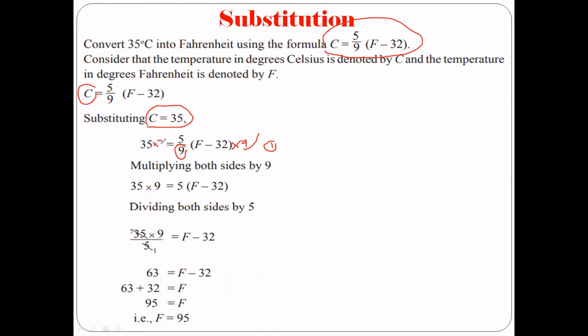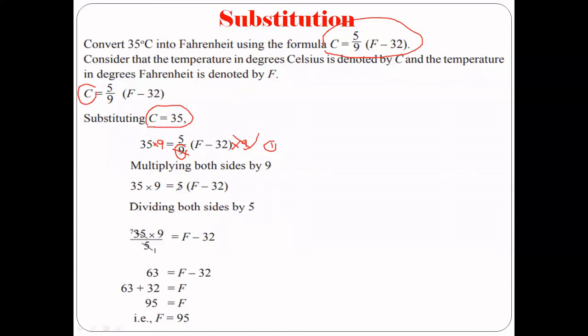If you multiply both sides by 9, you can cancel out this 9 by this 9. 5 brackets F minus 32 will remain in the right hand side. In the left hand side, 35 into 9. If you want, you can multiply. Otherwise, keep the answer the same way.